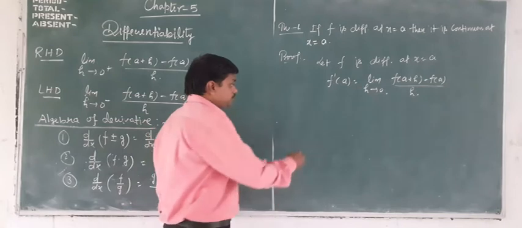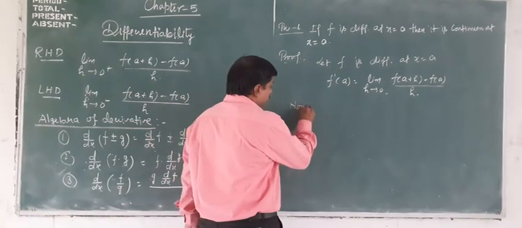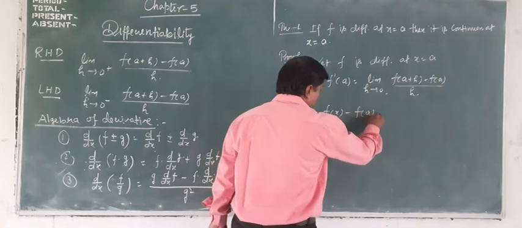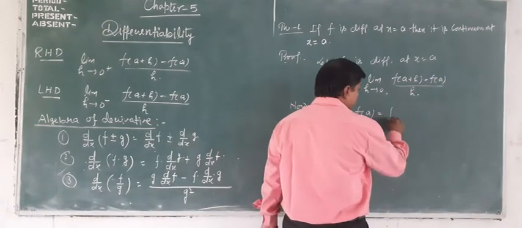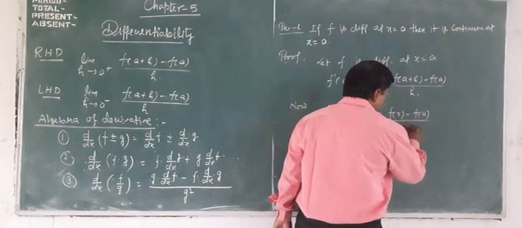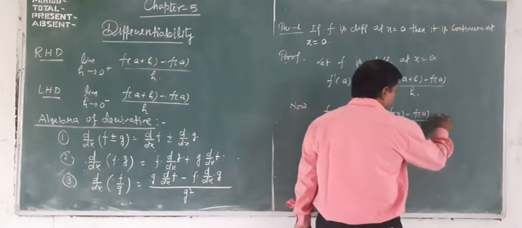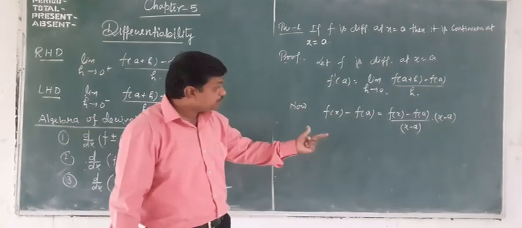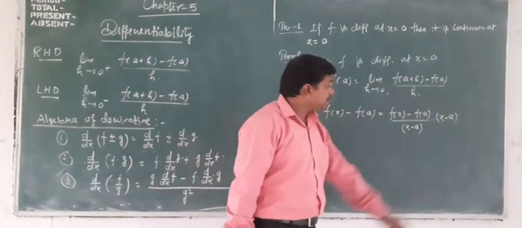Now I am going to find the value of f(x) minus f(a). So this can be written as f(x) minus f(a) divided by x minus a, into x minus a. What did I do? We divide by x minus a and multiply by x minus a.